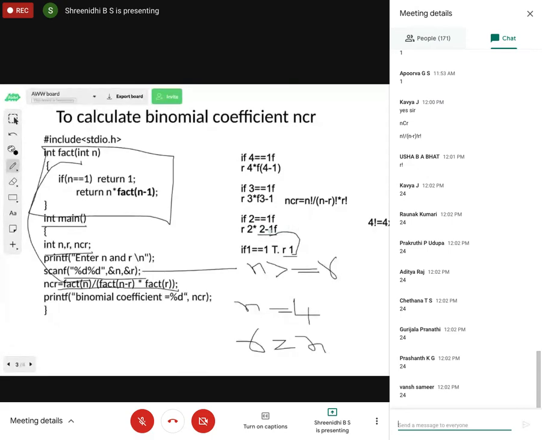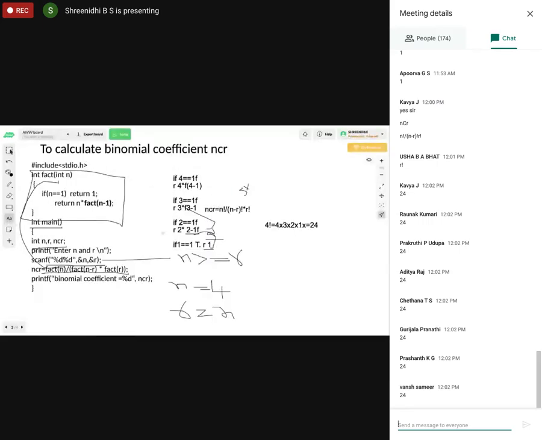So here, what happens? You return here 2 into 1. So where does this 2 return? It returns here, that's 3 into 2.